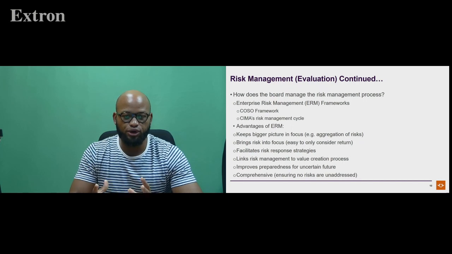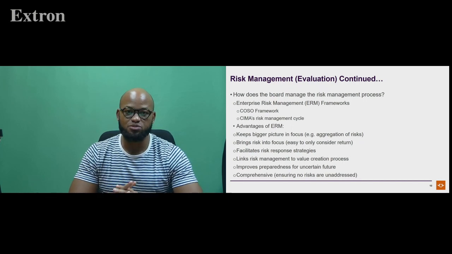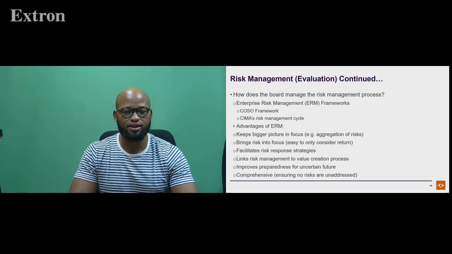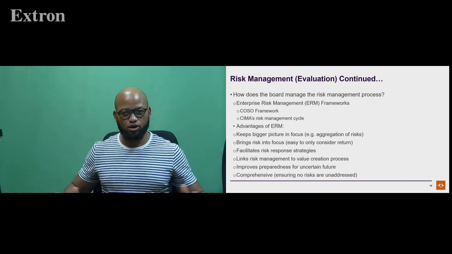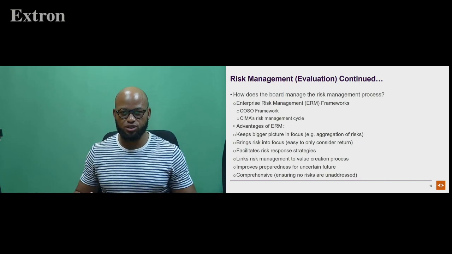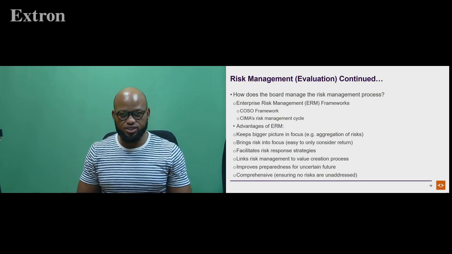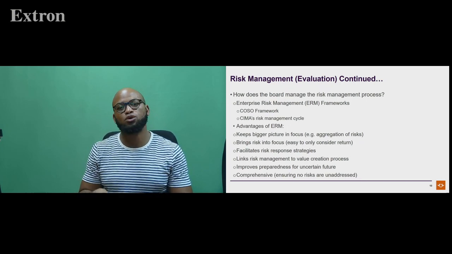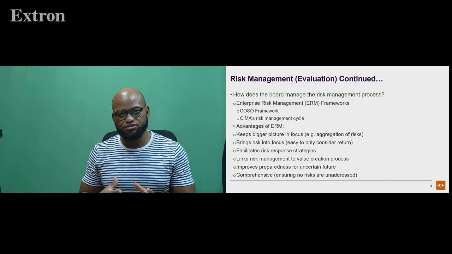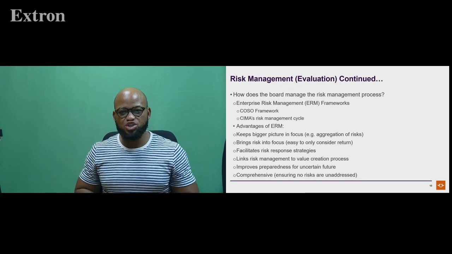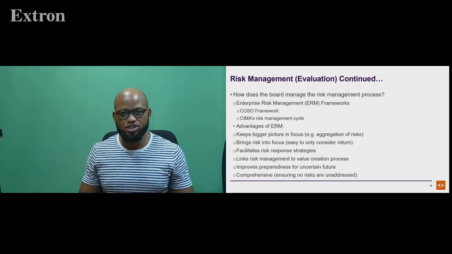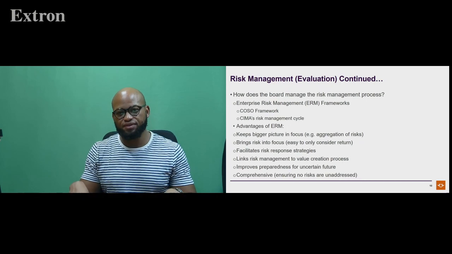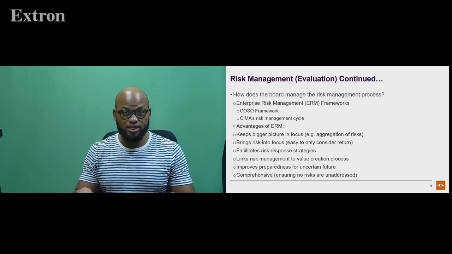And it's comprehensive. Right? So the idea of an enterprise risk management framework is that it's meant to be comprehensive. By comprehensive, we mean that it's meant to help the board manage risk holistically. So in other words, give the board a holistic picture, a full view, a bird's eye view of the risks involved in a specific organization, and it's meant to drive the board to create a generic risk management approach and culture across the organization, irrespective of which units and the various types of risks we're dealing with, right?